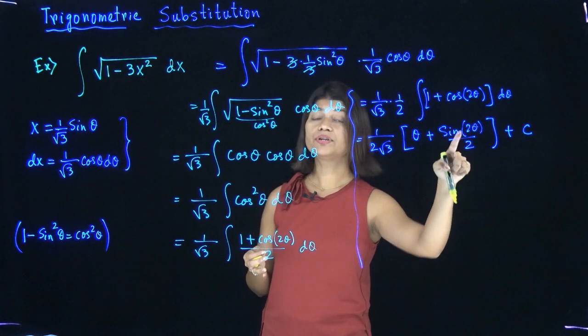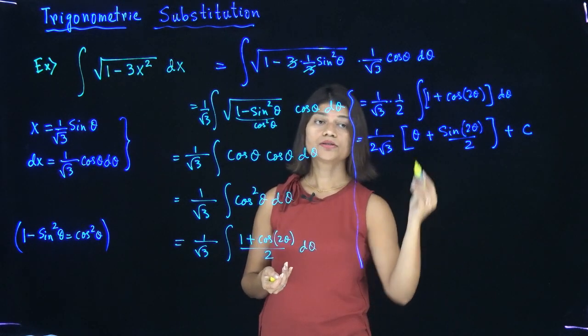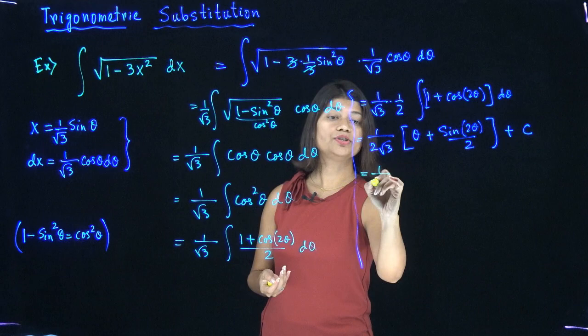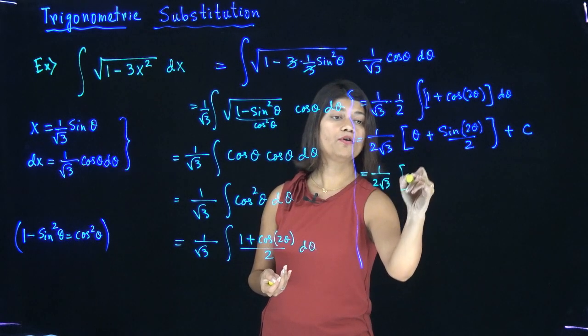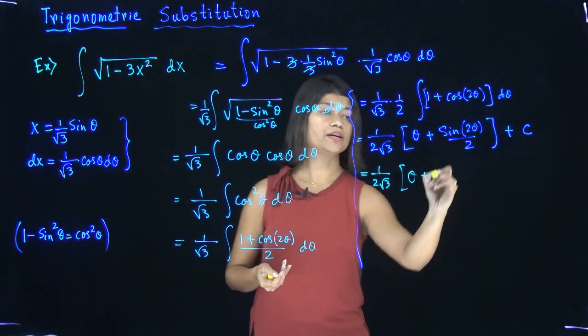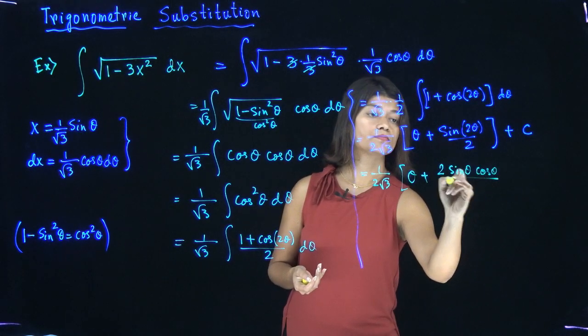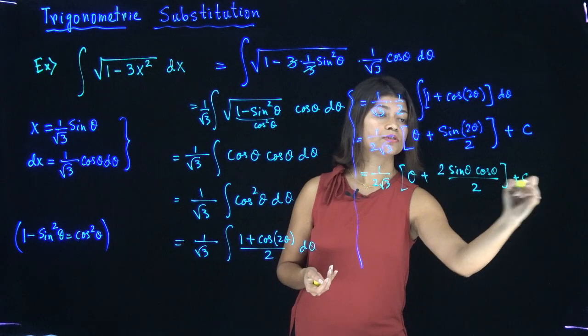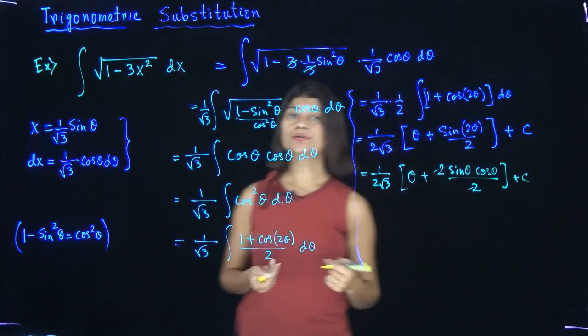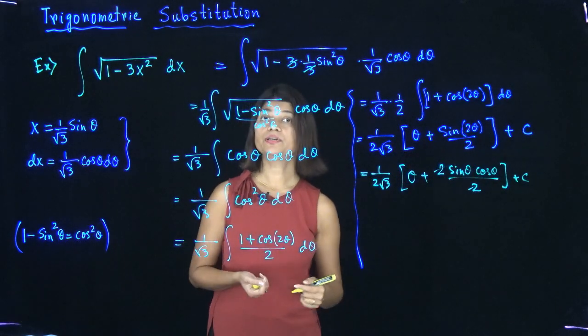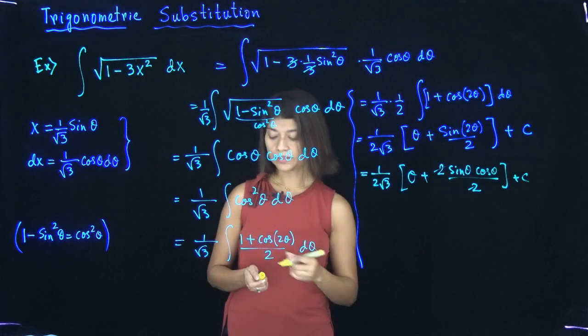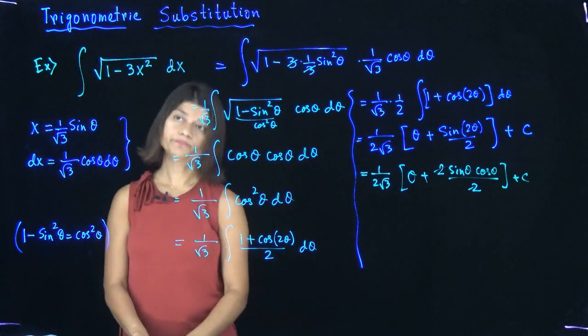So we have to reduce that into a single angle. This is where you need the double angle formula: sine of 2 theta is 2 sine theta cosine theta, divided by 2, so that we don't have to deal with the 2 theta, but only with single sine theta and cosine theta, which is very important.